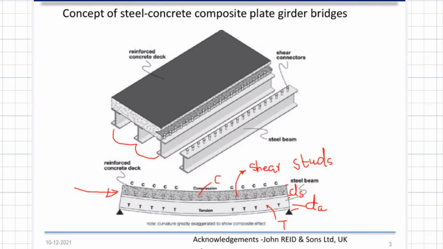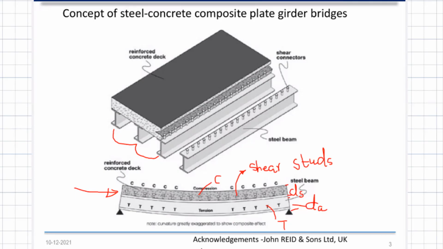In the next lecture, I'm going to take it up on open web girders. I will show you how the shear rigidity is the primary reason for the moment resistance to get developed. So for the time being, I would say that the shear connection between the steel and concrete decides the entire performance, right?